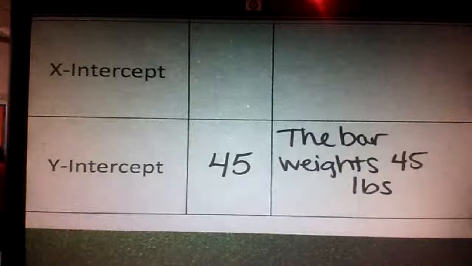Will there ever be an instant when my y value is 0, where I have no weight at all? No. Unless you're going to make the bar disappear, like you're a magician, it's never going to happen. You don't have an x-intercept in this problem. There will not be one.